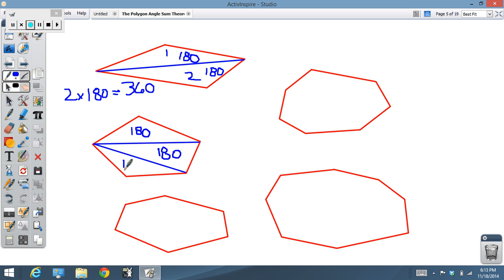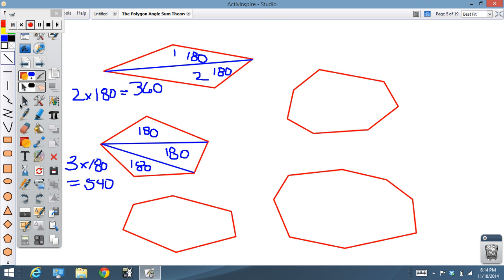And there's a third one. So for a 5-sided figure, I'm going to end up with 3 times 180. And that's going to make 540 degrees in any 5-sided figure. All right, check out the pattern we're going to be seeing now. Six-sided figures.